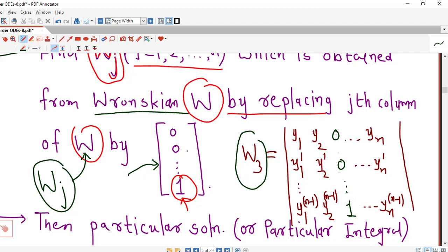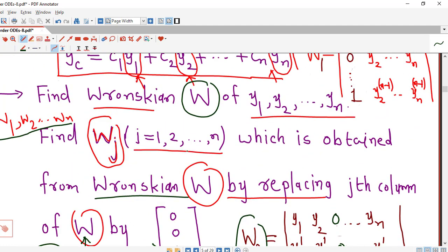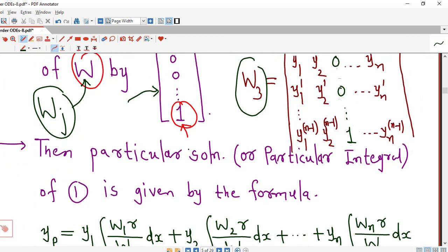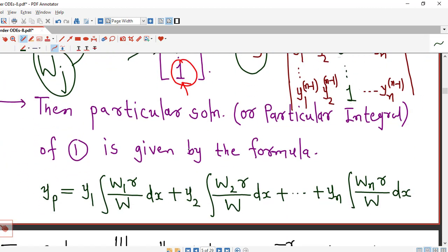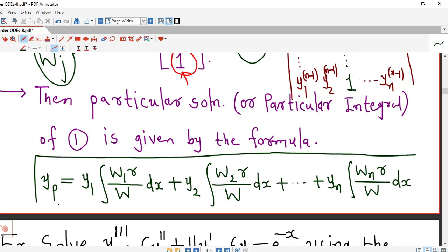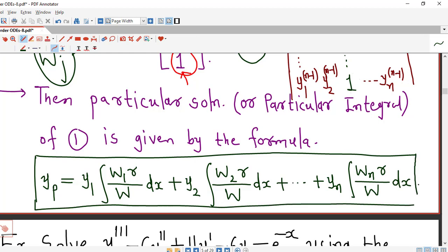Once we obtain the Wronskian and these n determinants w1, w2 up to wn, we have a ready-made formula for the particular integral. The particular integral is given by yp equal to y1 times the integral of w1 over w into r with respect to x.